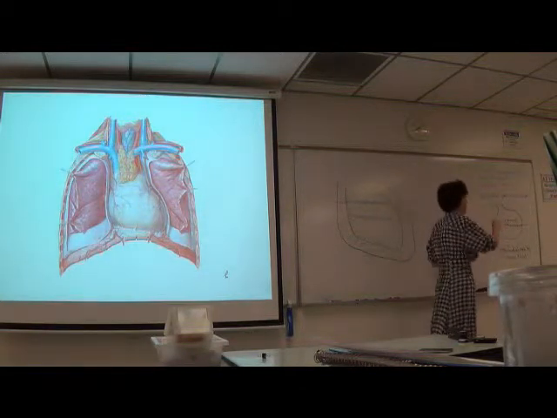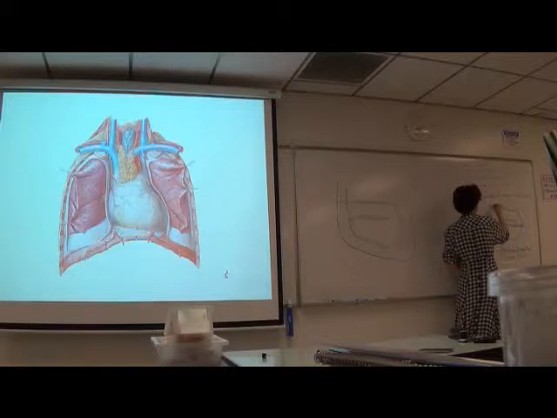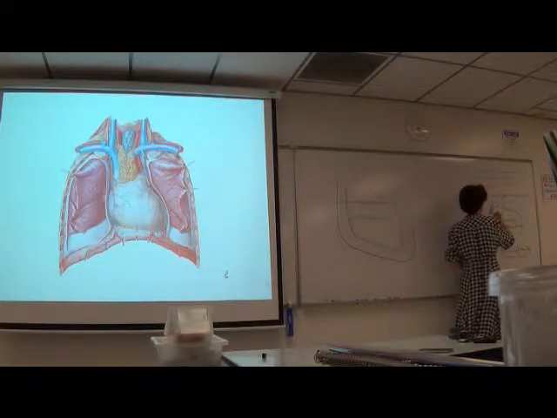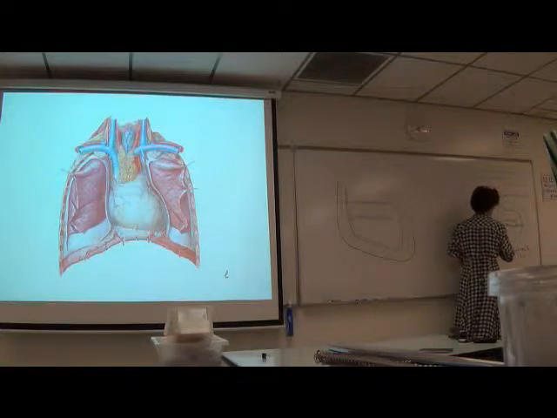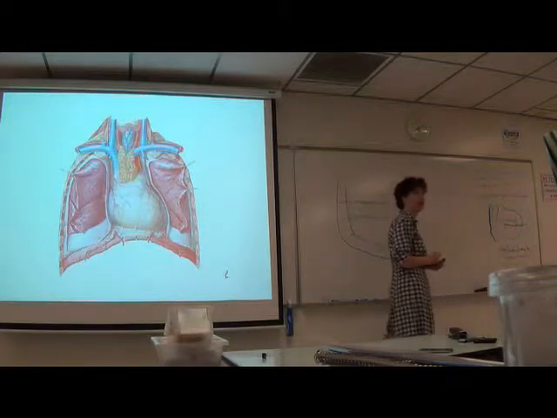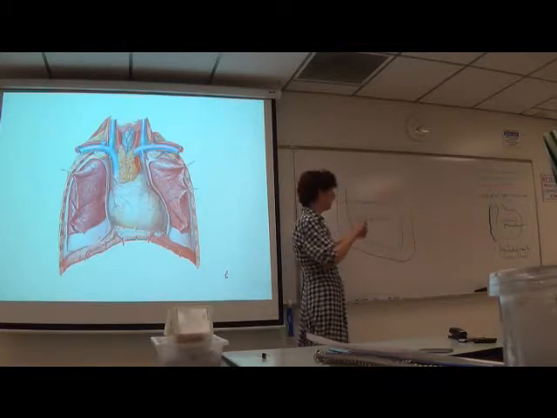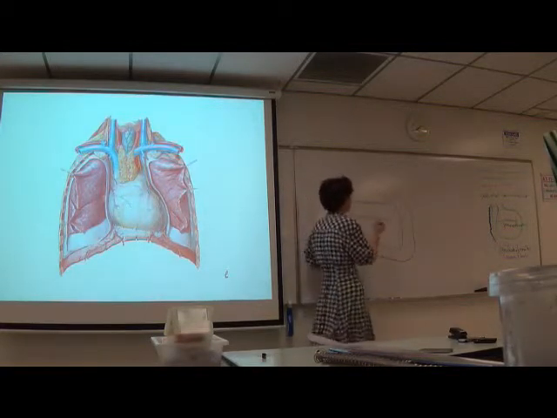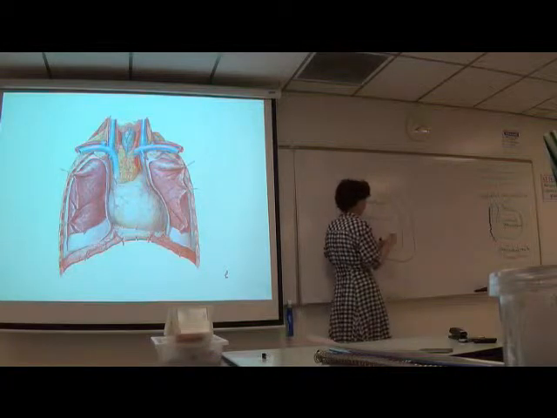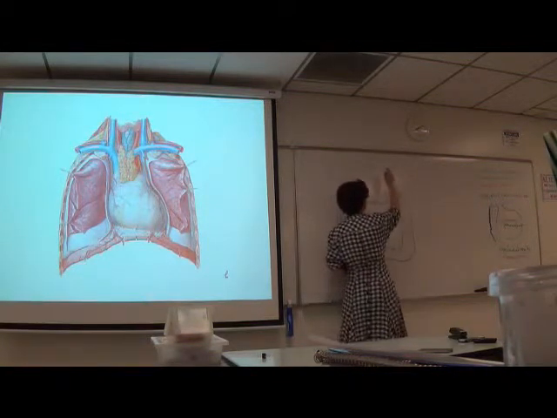To support that and to prevent increased stretching, we add a layer of dense irregular connective tissue to the outer layer. So that makes this a little bit different. Now I'm going to draw this on a larger scale. So we have our simple squamous epithelium.